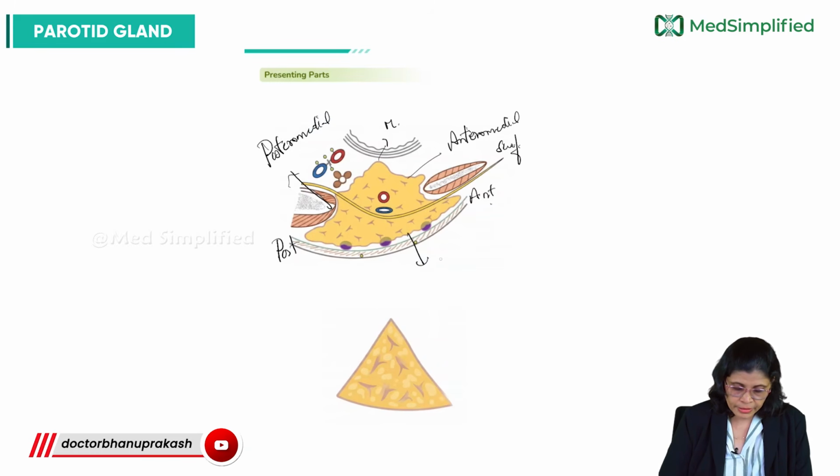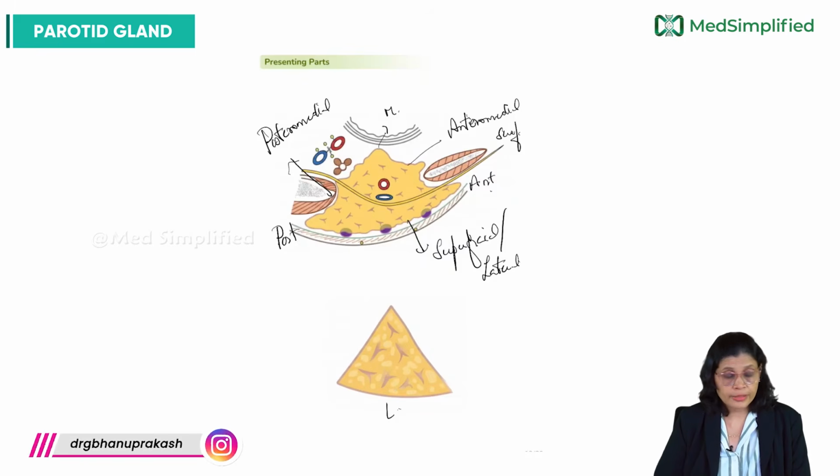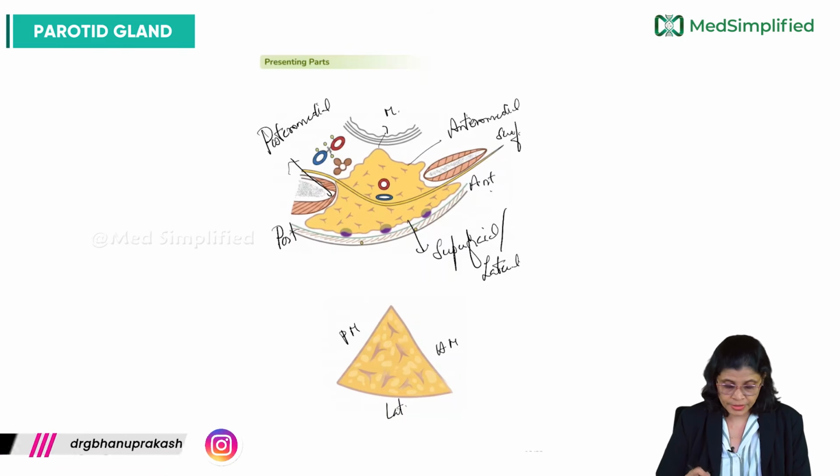And this will be the superficial or the lateral surface. Thus the parotid gland will have 4 surfaces: lateral, anteromedial, posteromedial, as well as the base, which is also called the superior surface.